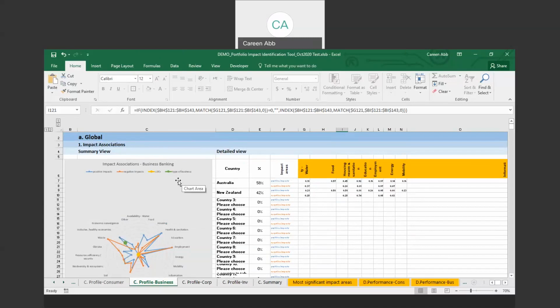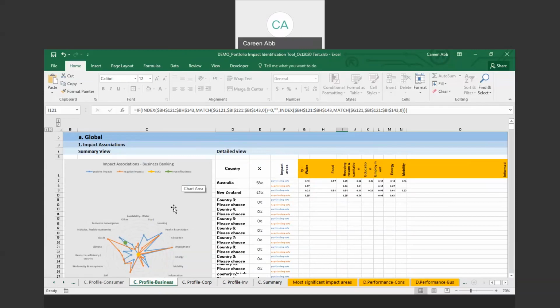The reason for this is that there are specific impact associations that are taken into account linked to these. We see three drivers of impact. One is sector, i.e. the type of client in terms of the sector.